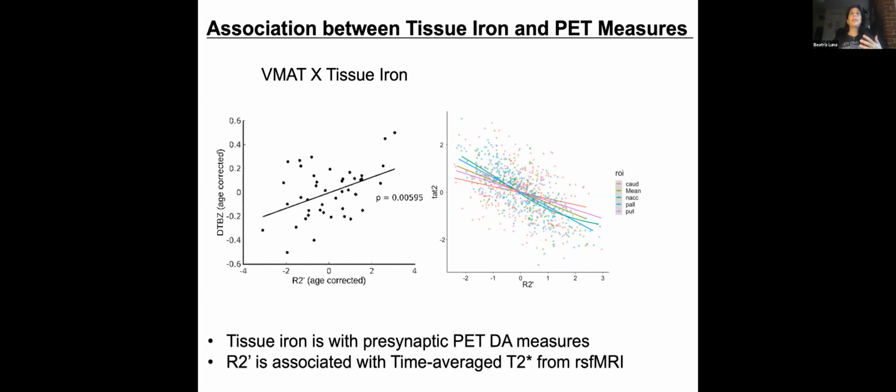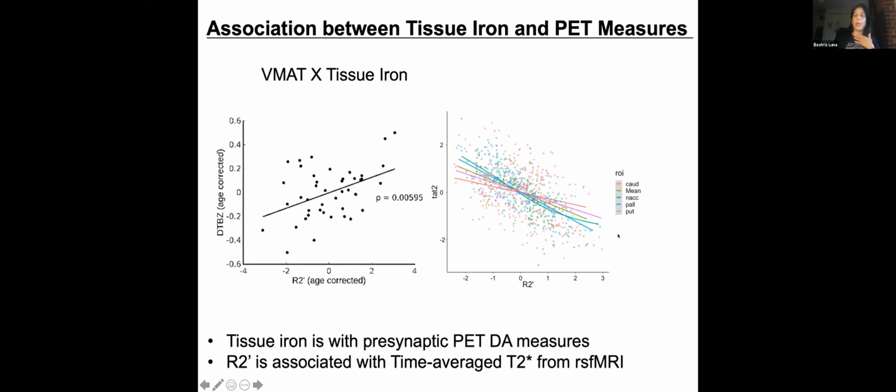So in some aspects, it's not as practical as, for example, leveraging the T2* that you get every time you acquire an EPI, be it task or rest. And if you time average that T2* throughout the whole time course, you get a really nice measure of tissue iron. What I'm showing you here is our latest; this literally came to me yesterday, but we've been looking at it for a while.